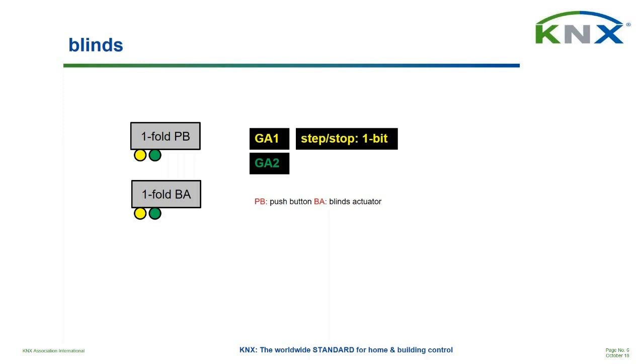And the other set is linked via group address 2 in order to exchange information related to move up, down of the blinds. And this is also 1-bit information. Also this I will demonstrate in the second part.